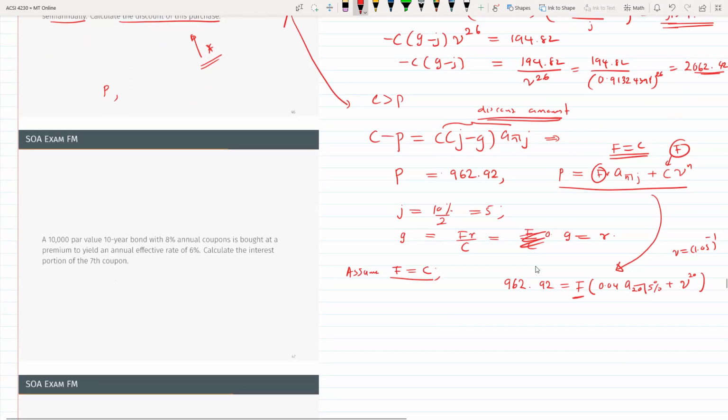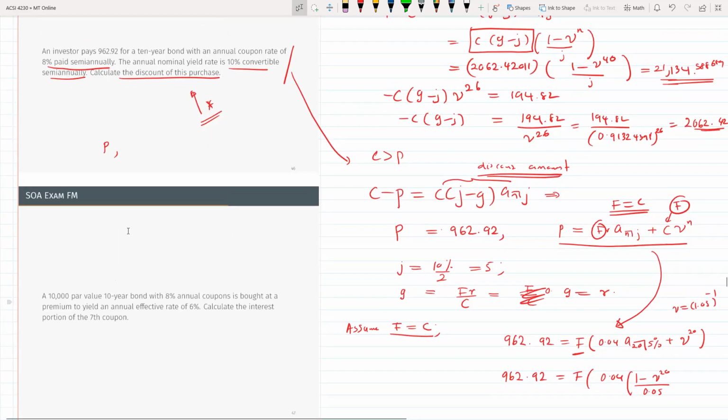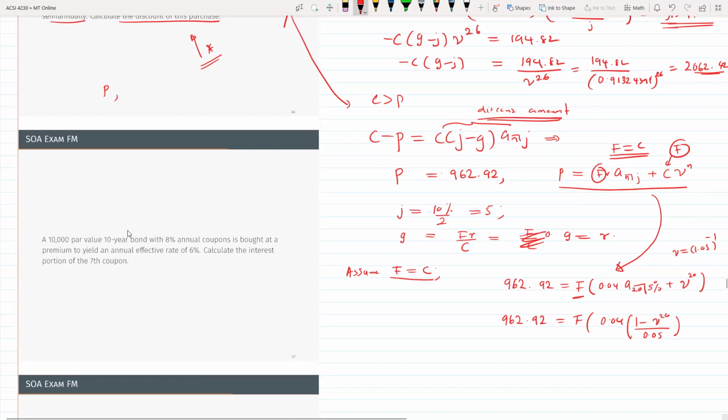So now I can solve for F right away. a_20, using the formula, is 1 minus v to the 20 over j, where j is 5%, plus this v, which is again 1.05 to the negative 20. So I can solve this side and find the face value.